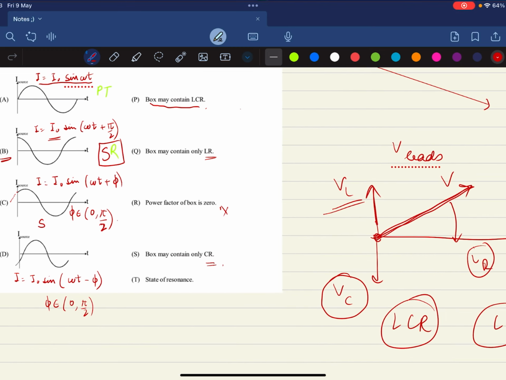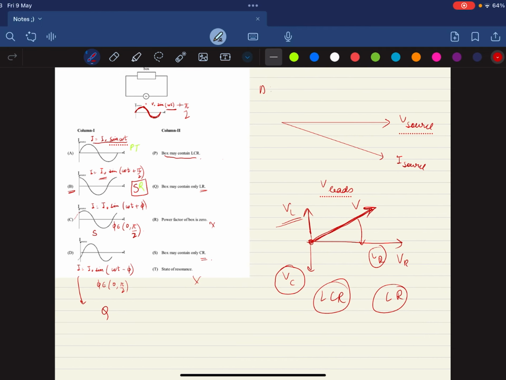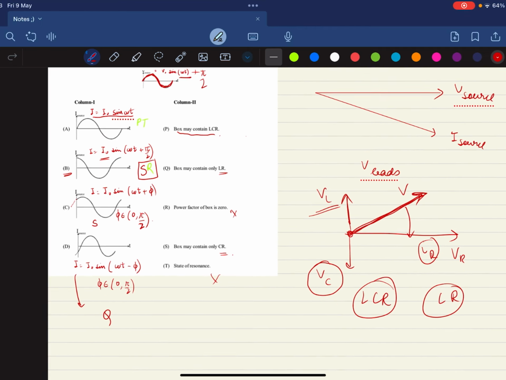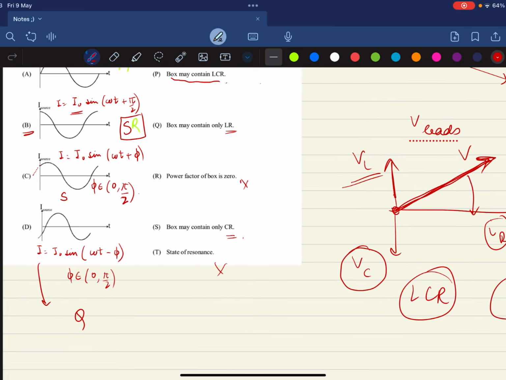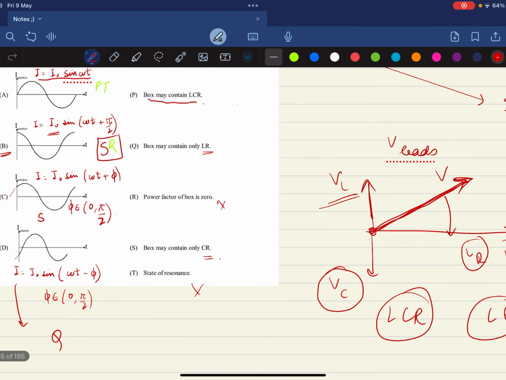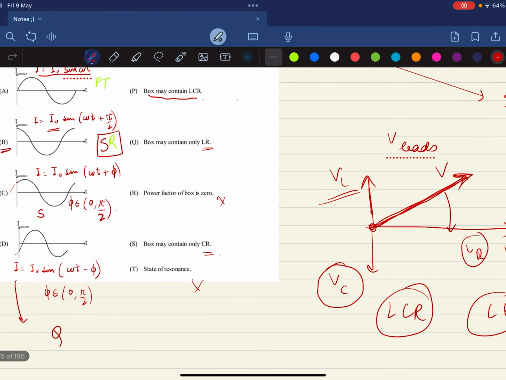So there is no state of resonance. So in the D part we have just Q, because voltage is ahead of the current in this case, so it may be only LR or the box may contain LCR.